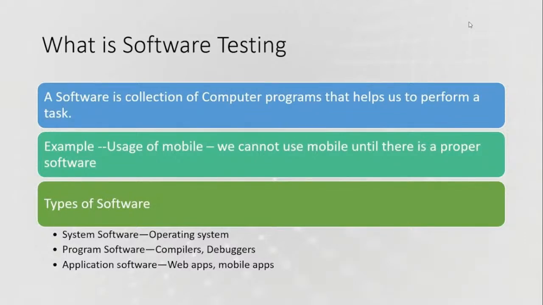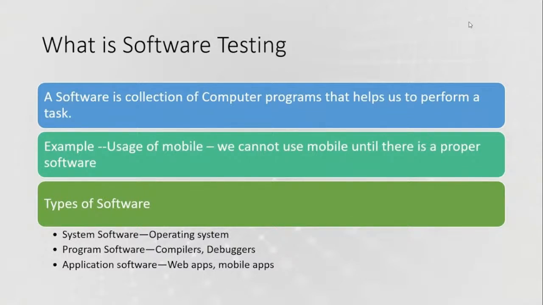Software is nothing but a collection of computer programs that help us to perform a task. You might be wondering again, what is a computer program and what is this collection? So we will understand with the user. Everyone uses a mobile nowadays. To use that mobile, there are different softwares that you install in your mobile, something like Instagram or Facebook or LinkedIn or Naukri.